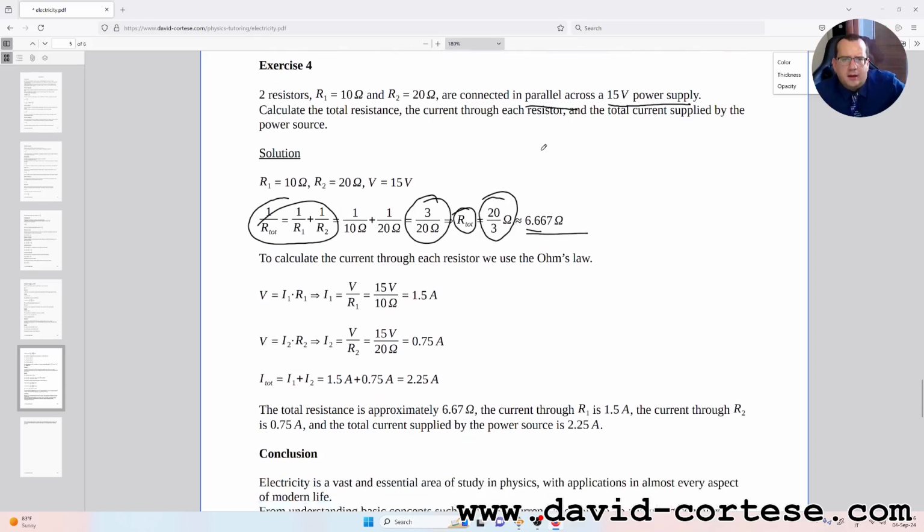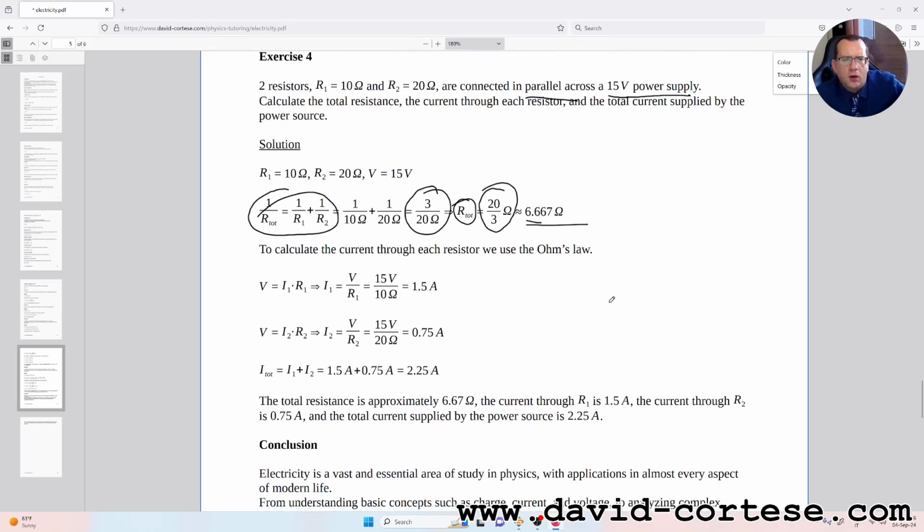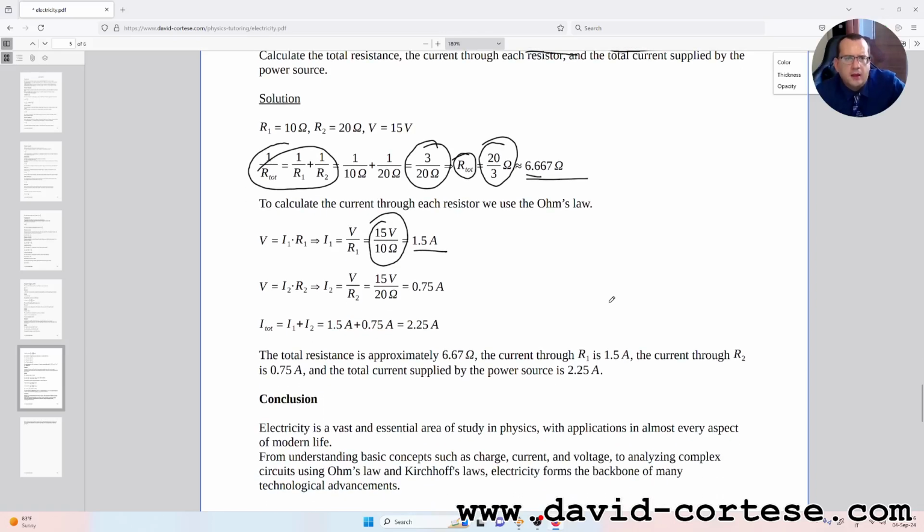So to calculate the current through each resistor, we use Ohm's law. V is equal to I1 times R1, so I1 is equal to V over R1, so 15 volt over 10 ohm is 1.5 ampere. The voltage is the same across both, so we need to calculate I2.